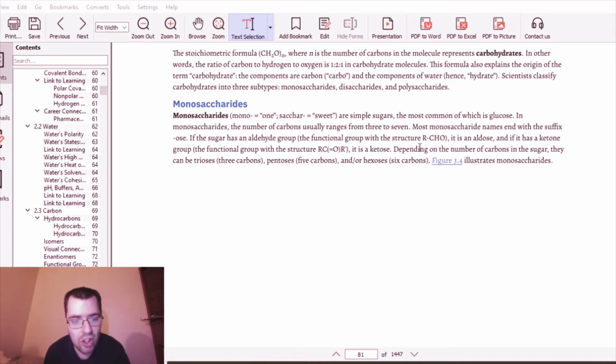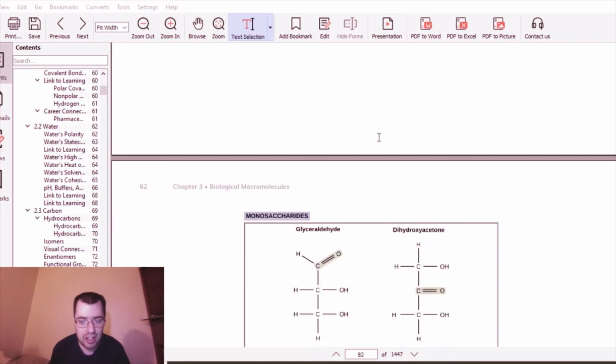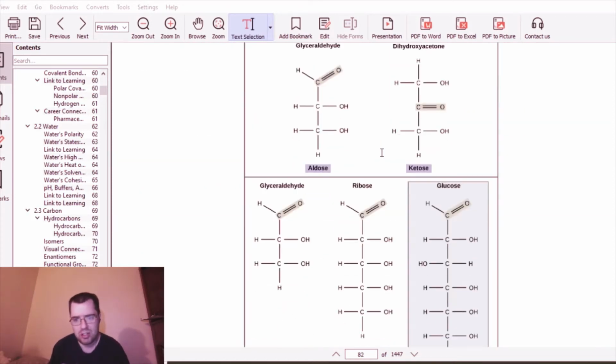And if it has a ketone group, the functional group with the structure R-C=O-R, in other words, two R groups sandwiching the carbon and the double-bonded O, it is a ketose. So you get the names. And of course, go by numbers. If it has 3 carbons, tri, 5 pent, and 6 hex. You get the idea. And here are some of them right here.